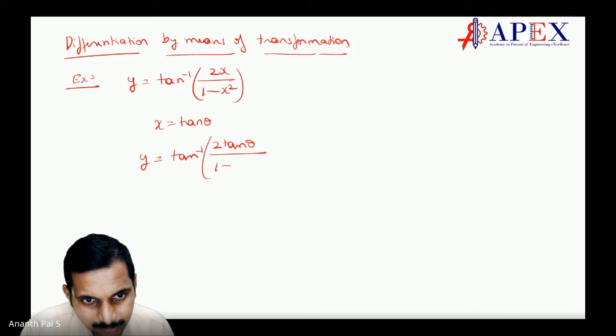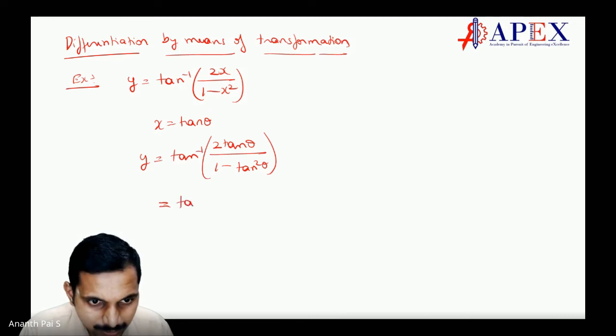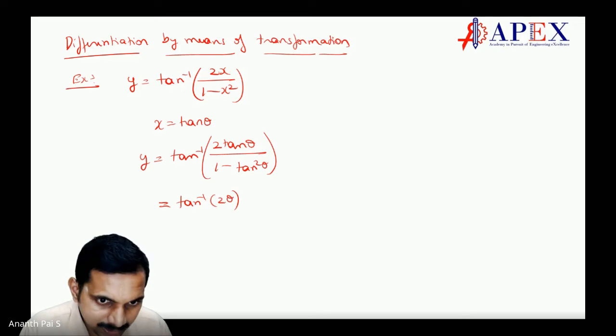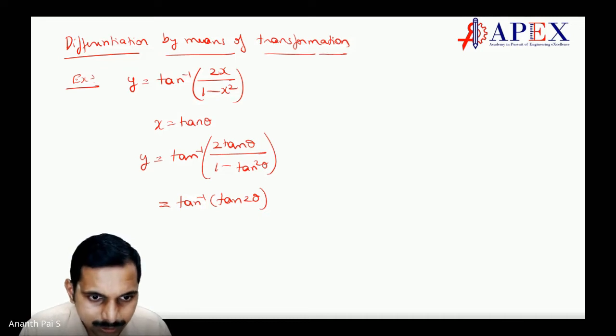And we know that is equal to tan 2 theta. So tan inverse of tan 2 theta, because you should know the formula, only then you can do this. Okay, so this y is equal to 2 theta.